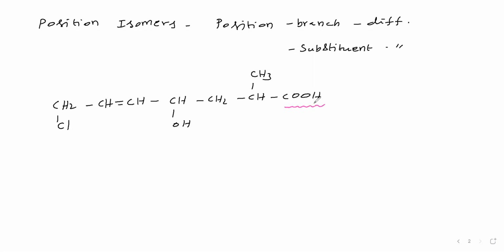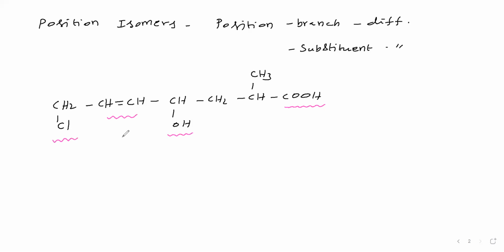One is carboxylic acid, this COOH is called carboxylic acid. Next one is this OH, the alcohol group. Then this halogen, Cl. Then this double bond, C=C. So we have underlined the functional groups.